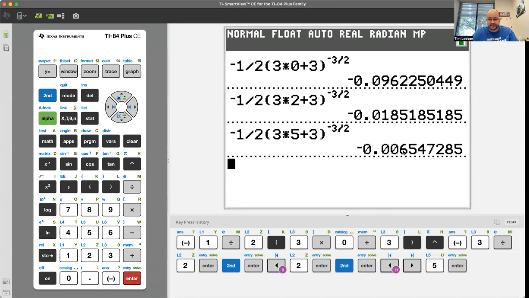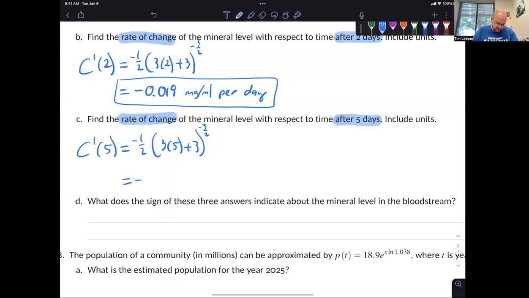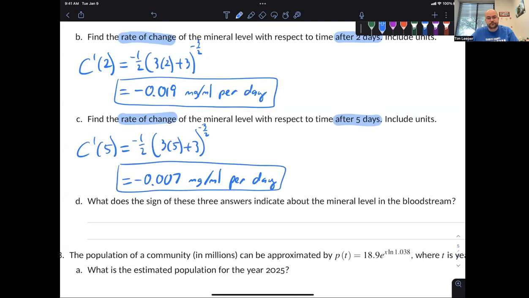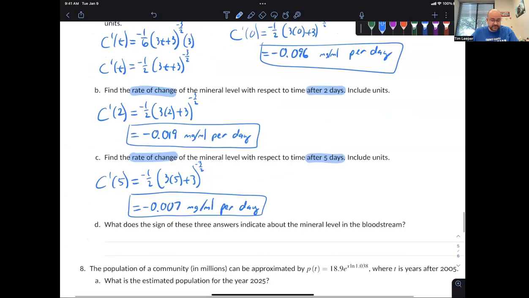So again, to 3 decimal places, that's negative 0.007. Milligrams per milliliter per day. Good. So there's A, B, and C.